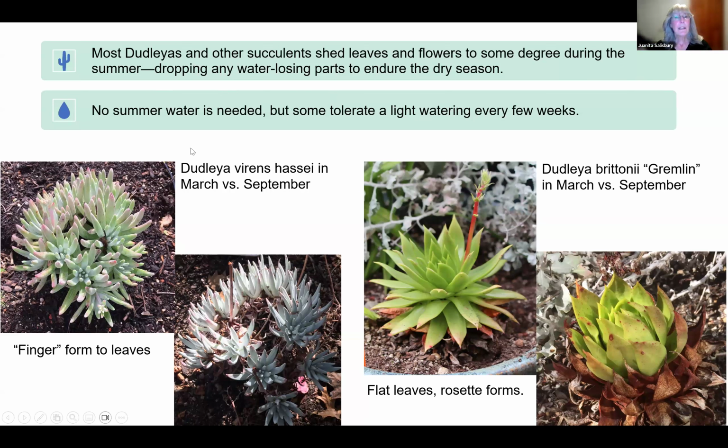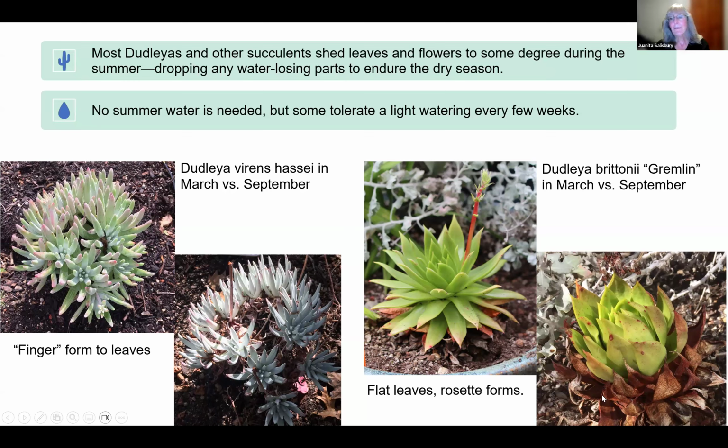We have Dudleya virens hassii in March versus September. It has a finger form to the leaf, kind of fat and juicy when the water is there, and then it shrinks down a little bit during the dry season. And then Dudleya brettonii has those flat leaves in a rosette form, very much like a rose.